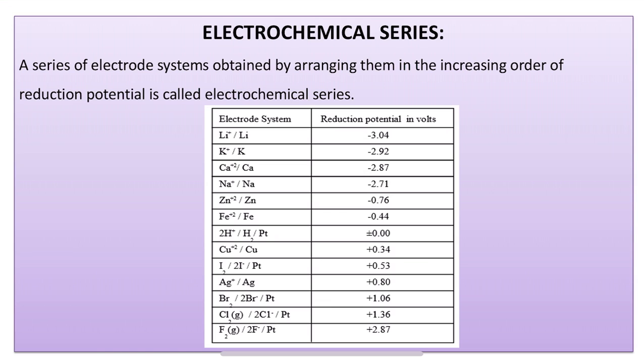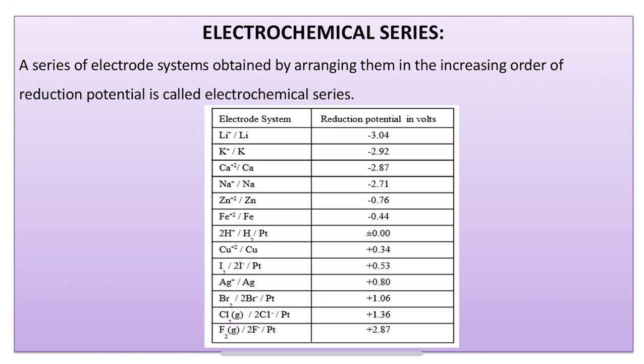So what exactly is the electrochemical series? The electrochemical series, also sometimes referred to as the activity series, is a list that describes the arrangement of elements in order of their increasing electrode potential values. The series has been established by measuring the potential of various electrodes versus the standard hydrogen electrode.